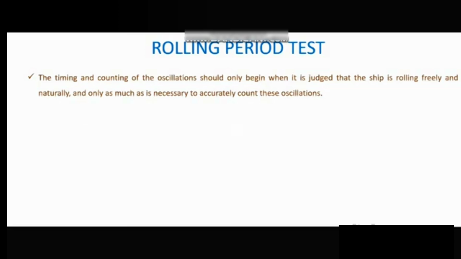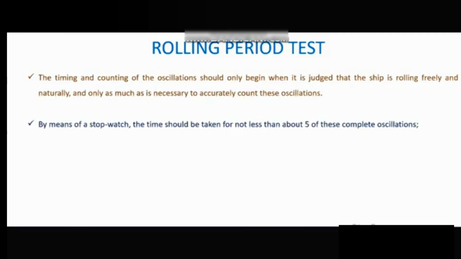Do you measure one period of roll? No. Usually you should measure the time for 8 to 10 rolls and then divide by that number to get the period of roll, so that the effect of any error is minimized.